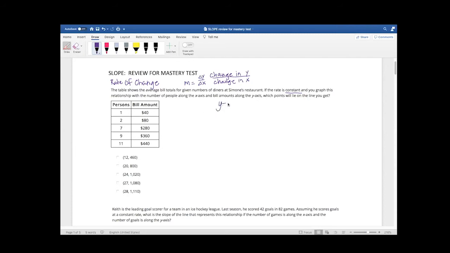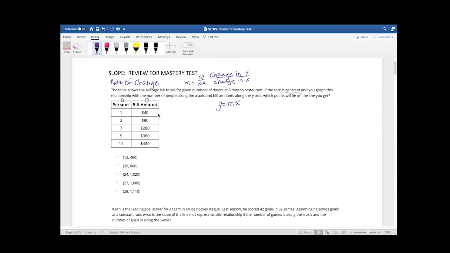For our line, we can look at y equals mx. This is going to be a proportional relationship because if I have 0 people, my bill will be 0. It would start at 0, 0 at the origin. So this would be the formula y equals mx, where m replaces our slope, and I need to find that slope, that rate, within this problem.